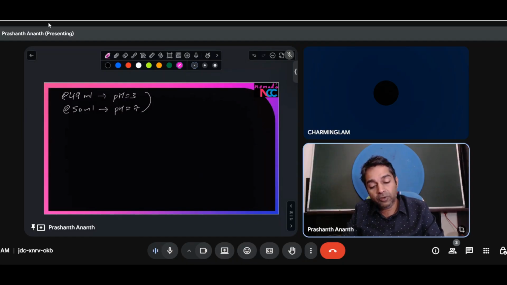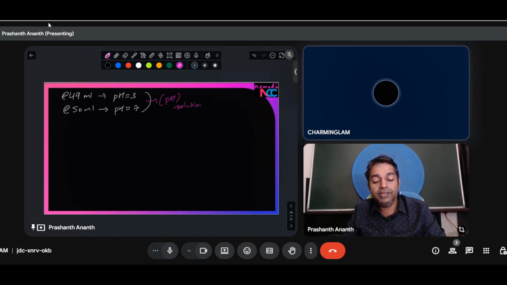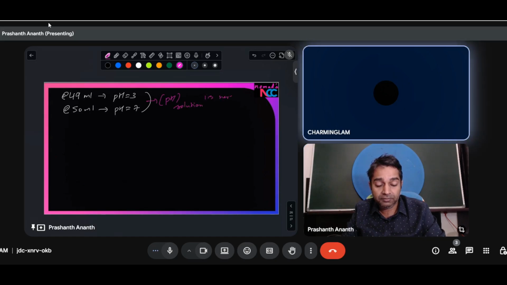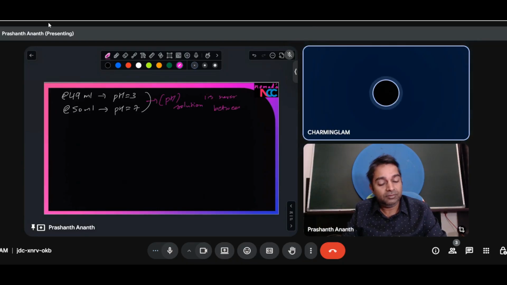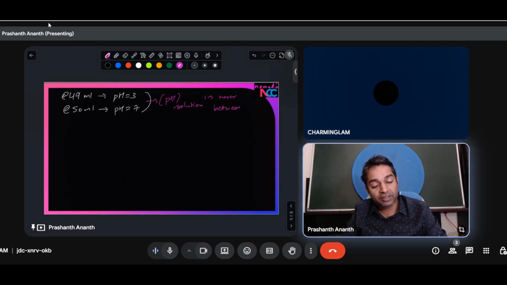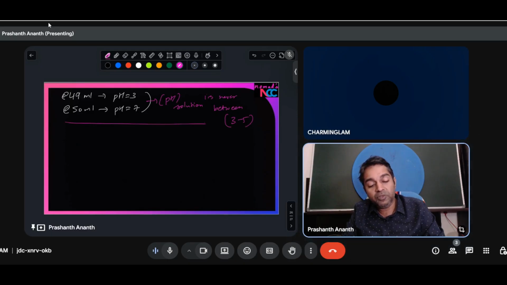So the pH of the solution is never between 3 to 5. Hence, we definitely can use methyl orange for strong acid, strong base titration.